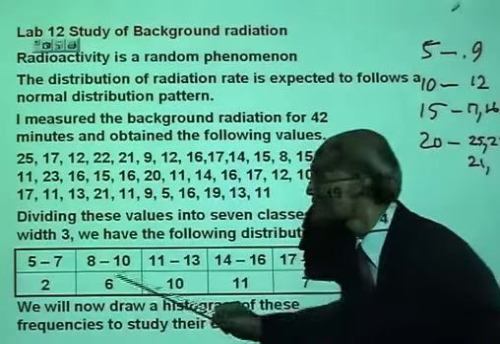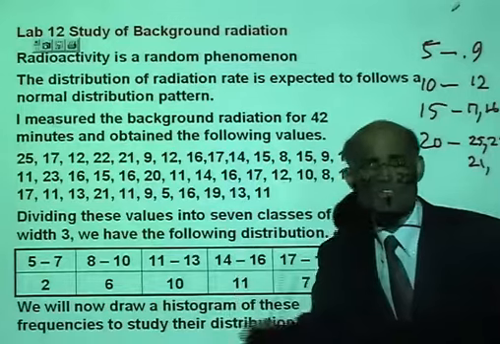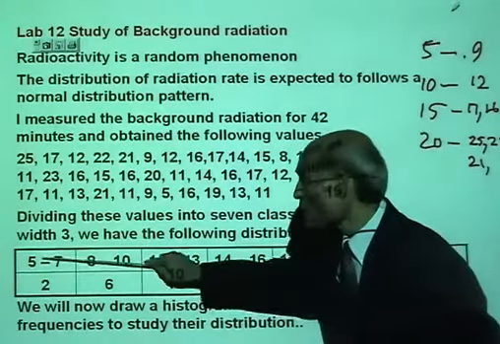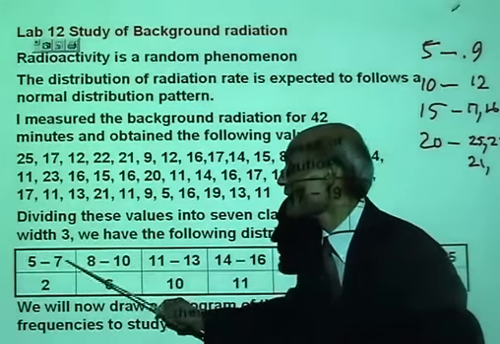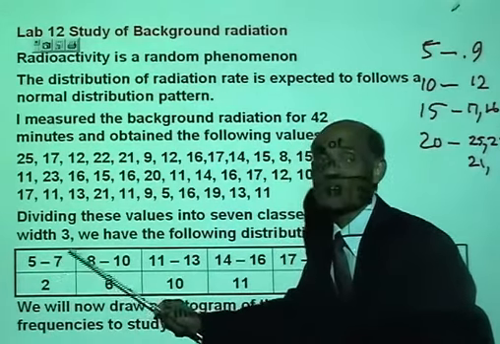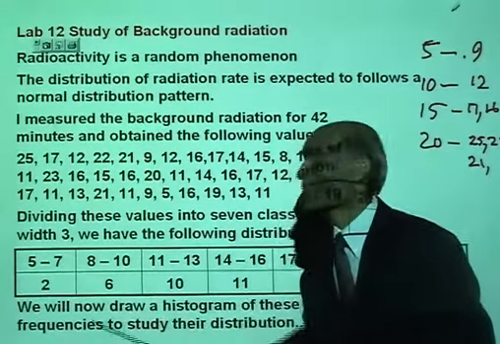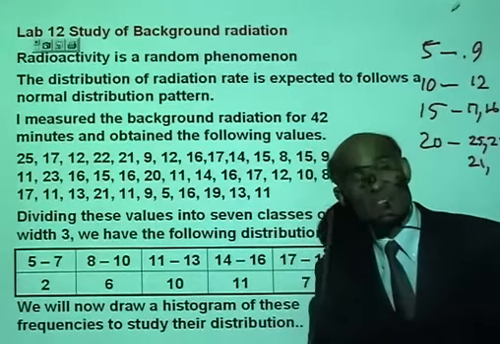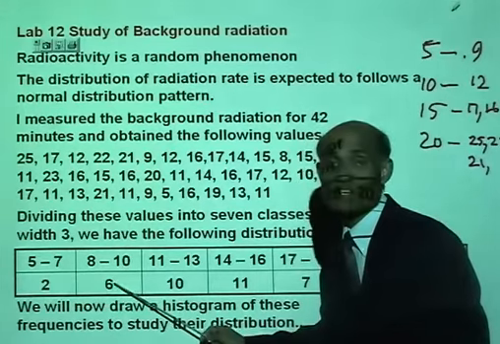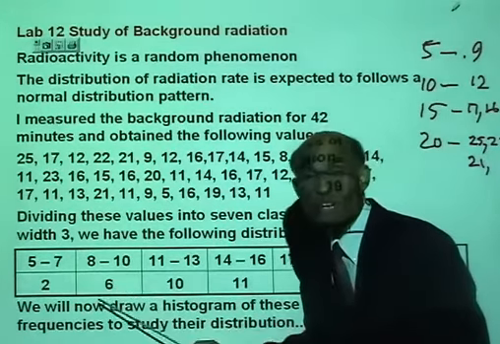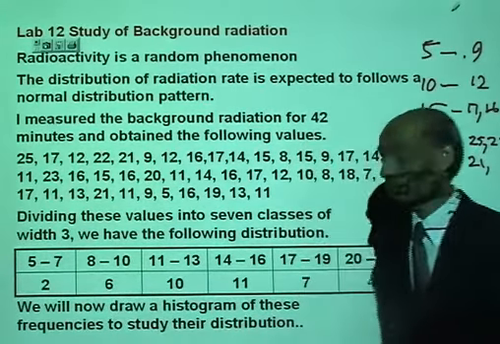Now, these numbers are called the frequencies, and these are called the classes. My class 1 is 5 to 7. There are 2 values in that category. 8 to 10, there are 6. So 6 is called the frequency of that class.